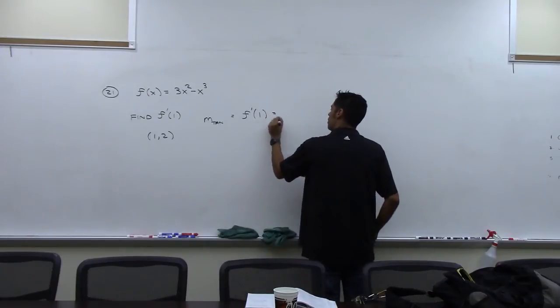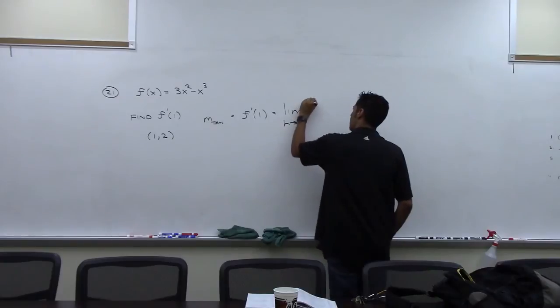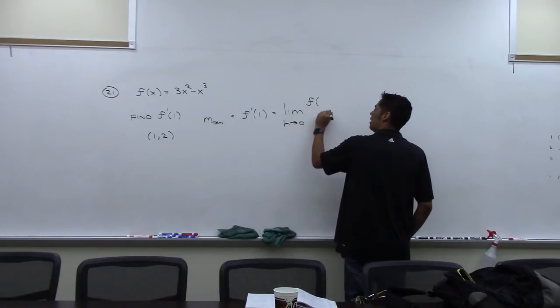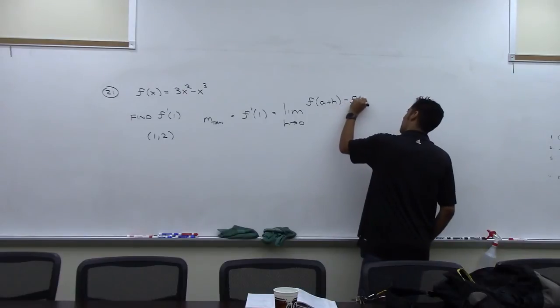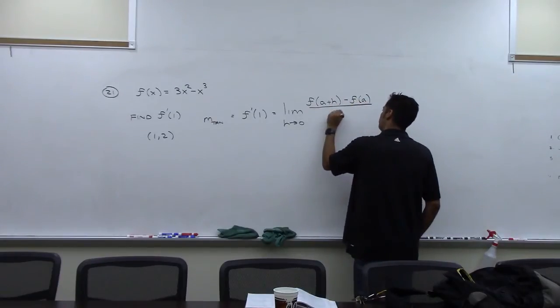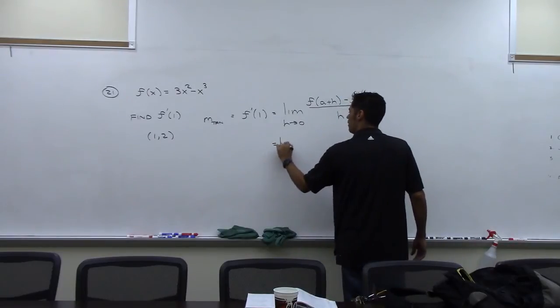So this will be equal to the limit, I'm going to use the h one, as h goes to 0, of f of a plus h minus f of a, all over h. And for us in this problem, a is 1.